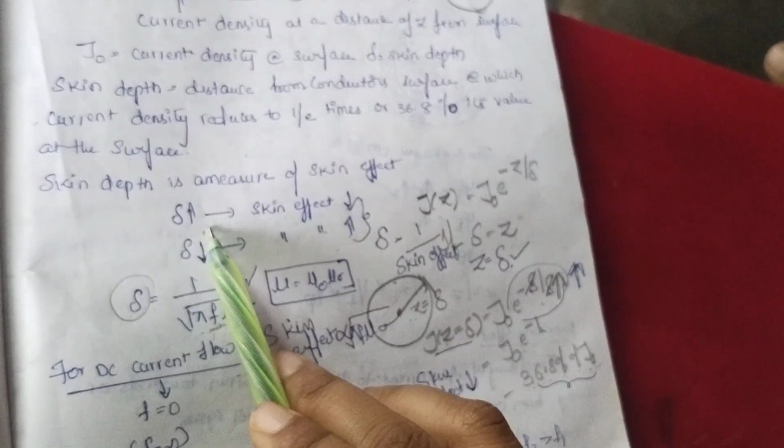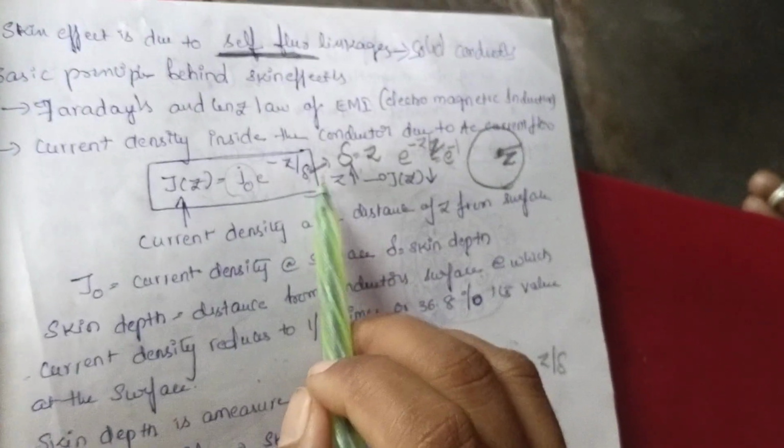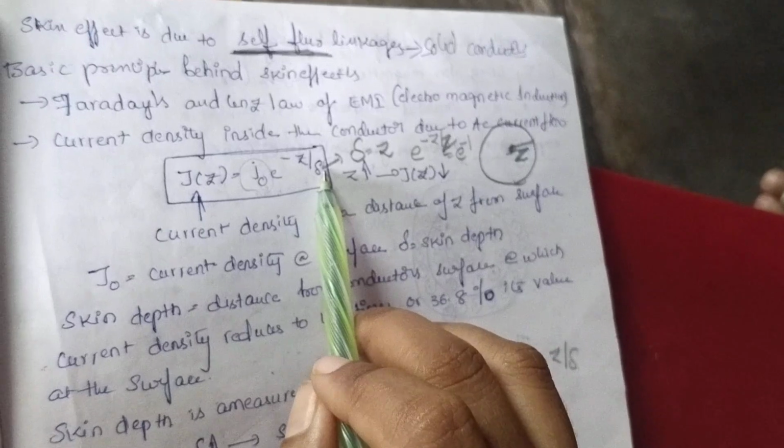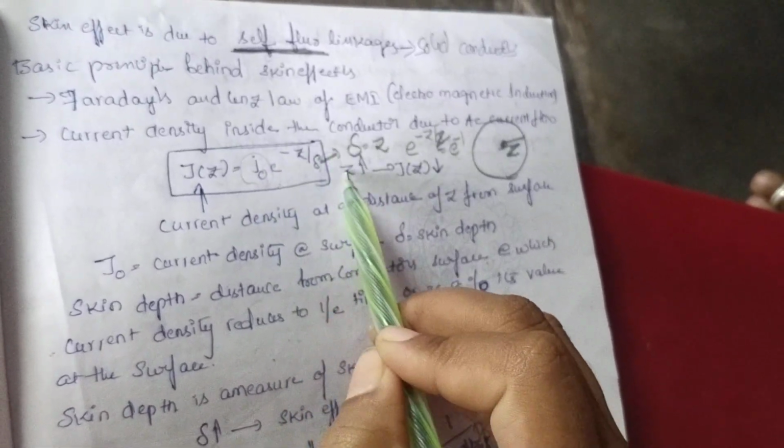See, if delta increases, what happens to the skin effect? It decreases. Why? Here, if delta is increased, what happens to this whole value? e power minus Z by delta decreases.